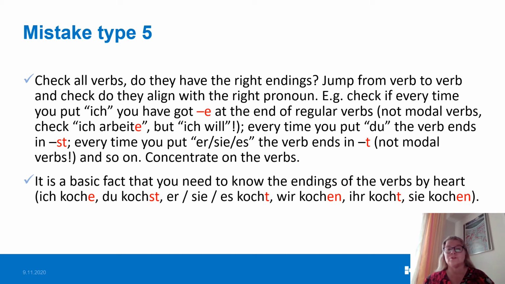Every time you put du, the verb ends in st. Every time you put sie, es, the verb ends in t. Not, of course, modal verbs and so on. Just concentrate on the verbs. Of course, it's a basic fact that you need to know the endings of the verbs by heart. Ich koche, du kochst, sie, es kocht, wir kochen, ihr kocht, sie kochen.